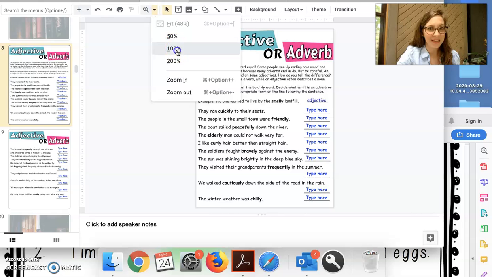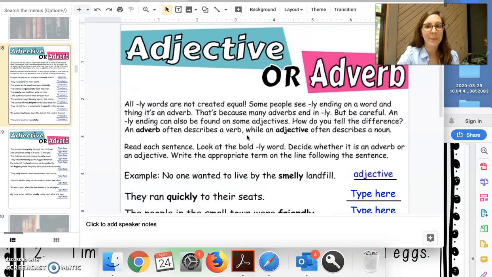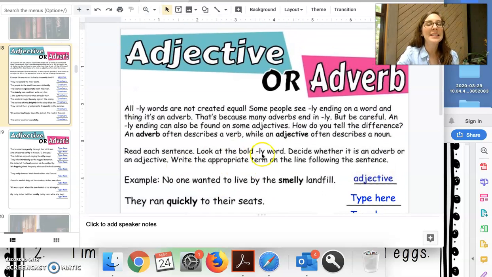But again, I'm going to suggest that a good tip is to first find the verb in the sentence and find the noun in the sentence and think about, is that word describing a noun or is it describing a verb? So here we have an example. No one wanted to live by the smelly landfill.